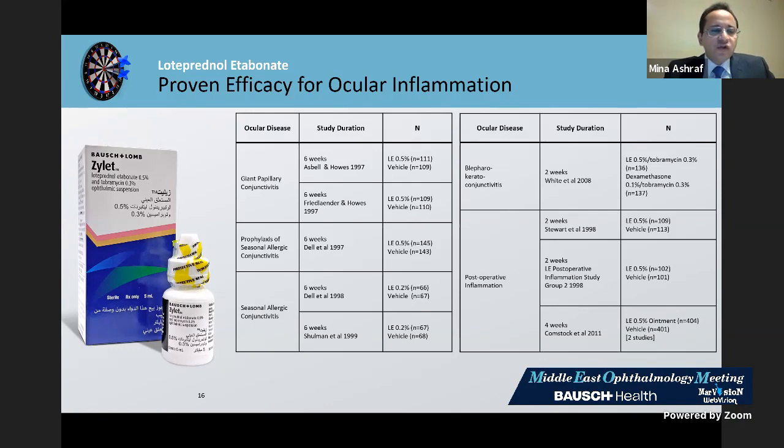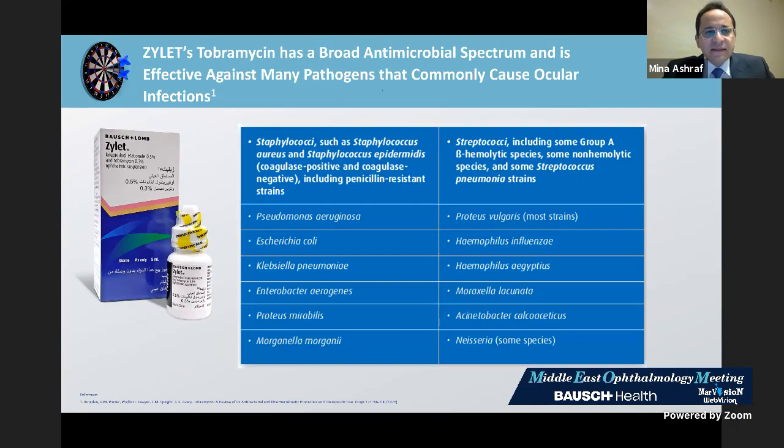Eyelid also contains, in addition to loteprednol etabonate, tobramycin, which has a broad-spectrum antimicrobial effect, and it's effective against many pathogens that commonly cause ocular infections. And we see here just examples of the pathogens that are susceptible to tobramycin.